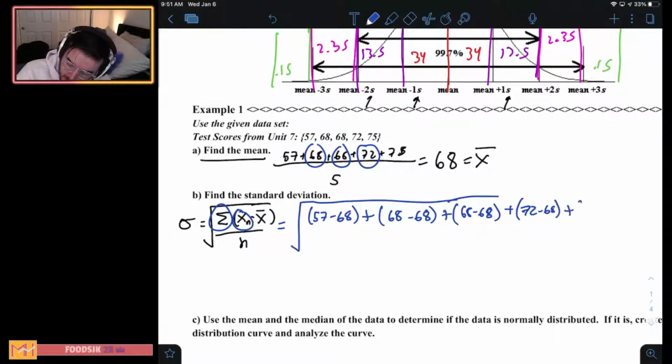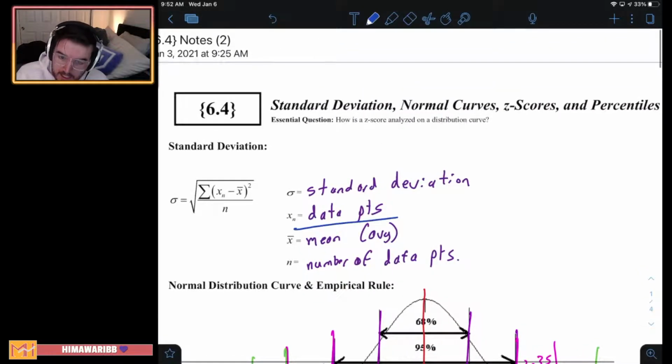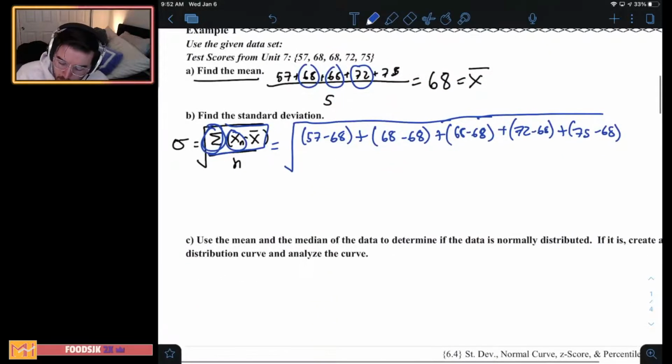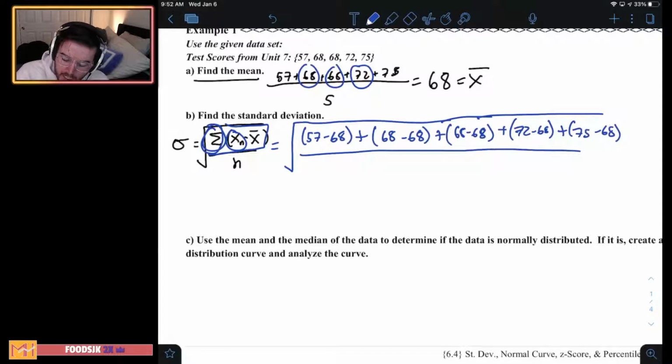And take the next data point, 75 minus 68. So we did that repeatedly for each data point, and then divide by how many points there are, 5. I pre-crunched the numbers for you. The answer is 6.1. So standard deviation is 6.1.